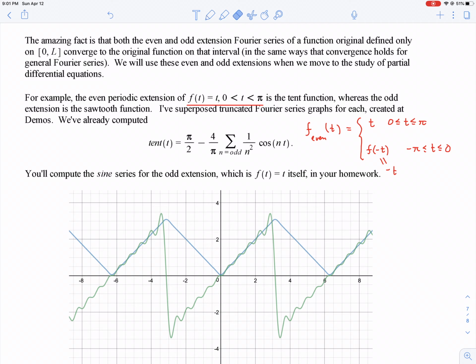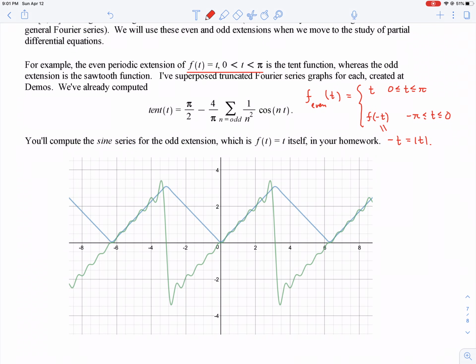No, no, let's be careful here. Right, I take f of the opposite, right? So t was negative, so this is minus t, and minus t is the absolute value of t. Yes. Whew, I didn't do that very well. Anyway, that's why the even extension is the tent function.